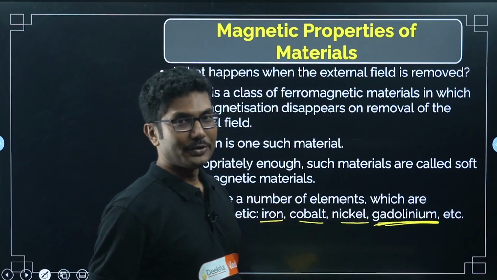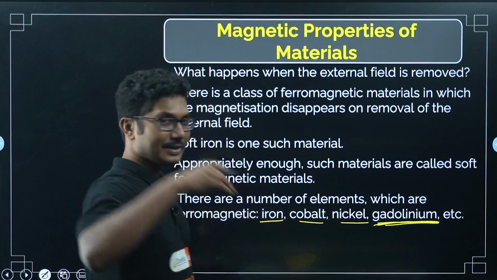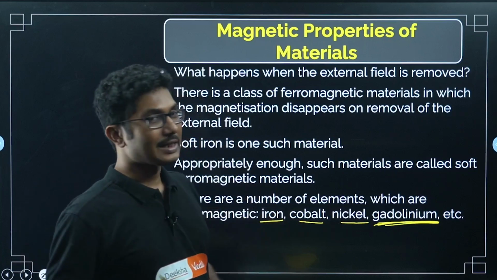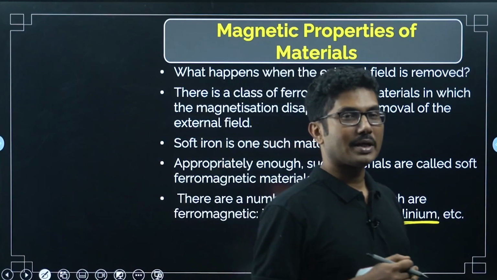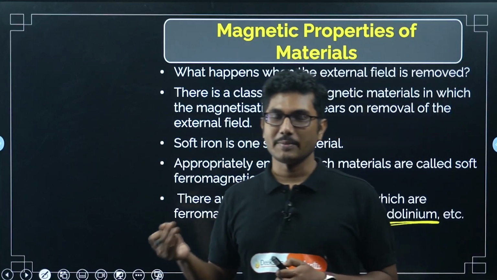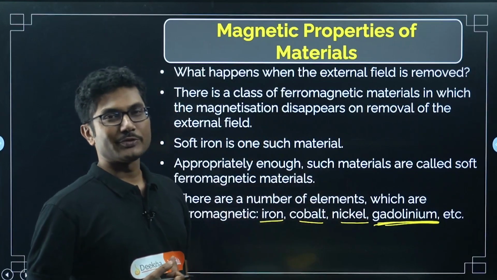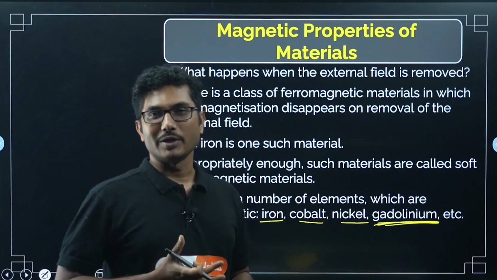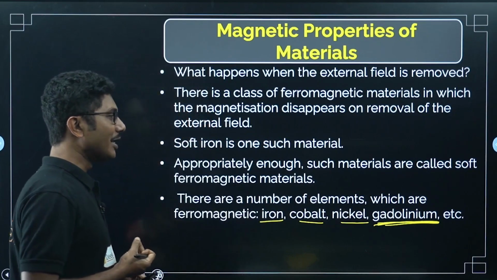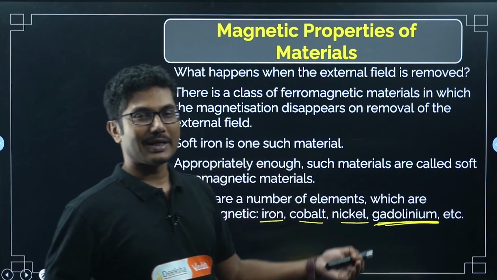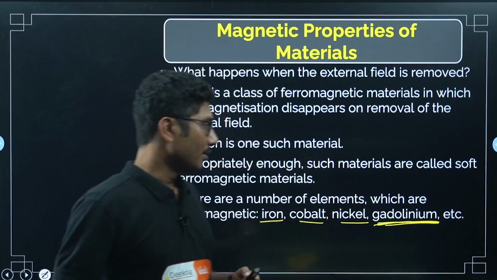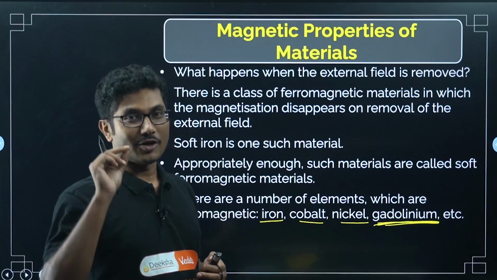Generally, the Curie temperature of other materials is very high. Iron, cobalt and nickel are in the thousands of degrees, and some are hundreds of degrees, 200, 300 degrees. But gadolinium has around 21 degrees Celsius as its Curie temperature. So it shifts from paramagnet to ferromagnet at room temperature, and you can observe it.